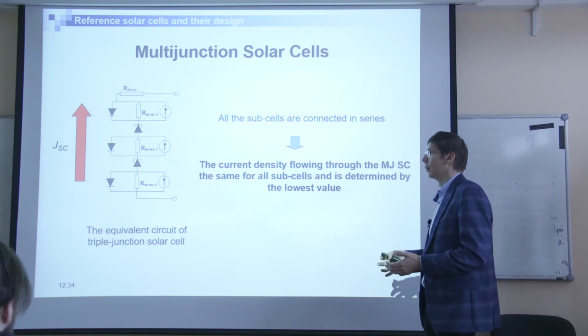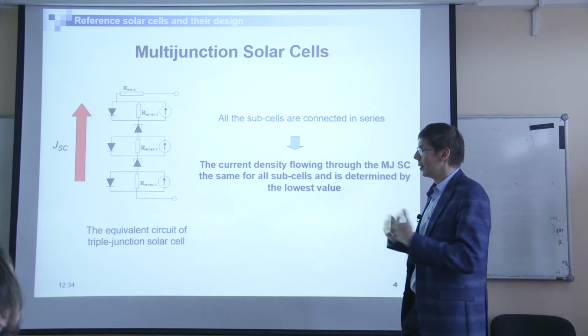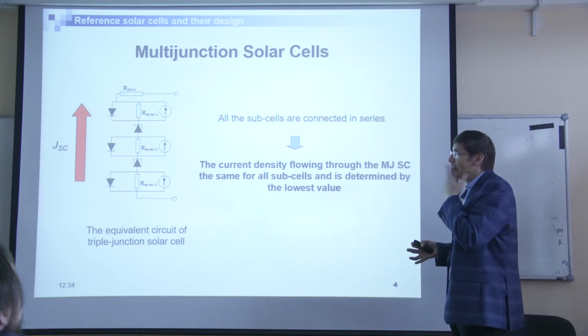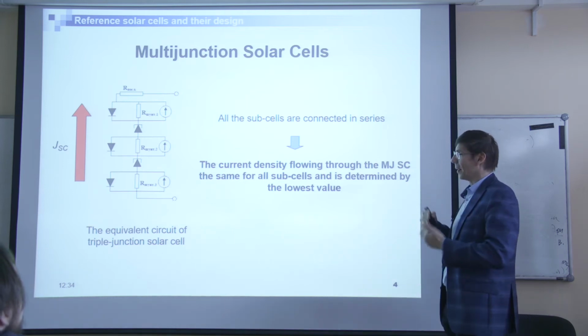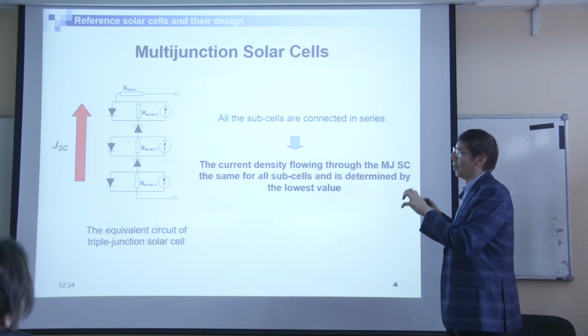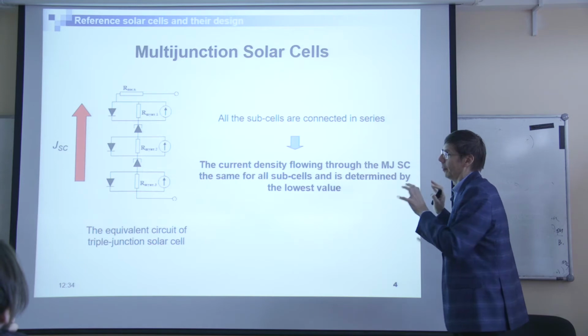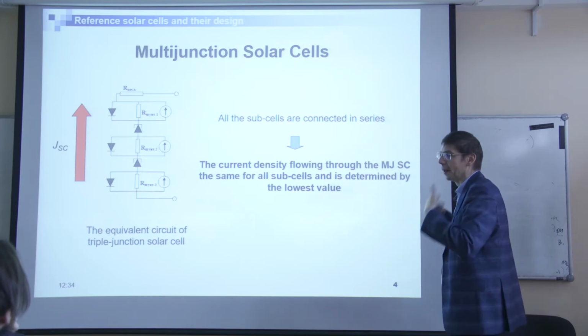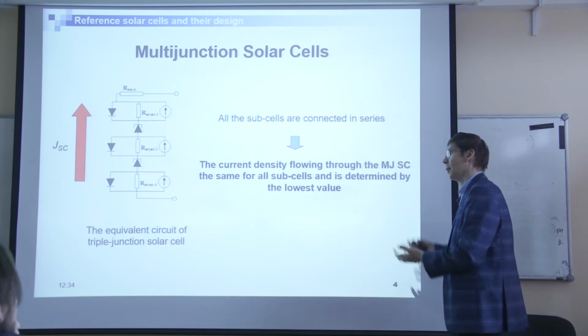So you would underestimate the potential of your solar cell. It means that, again, you can design your solar cell for the real solar spectrum.